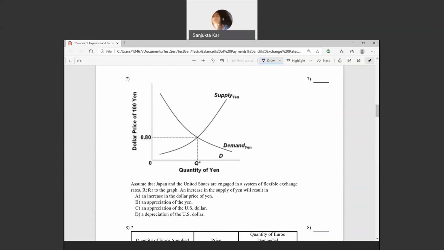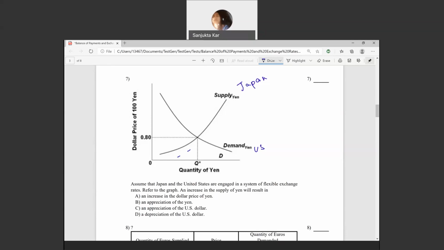Who demands yen? People who live in US. Who supplies yen? The domestic currency supplies yen, and if US is a foreign currency to people living in Japan, so the US, they are going to demand yen.